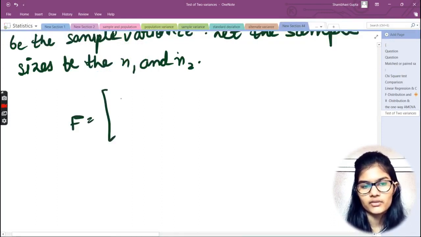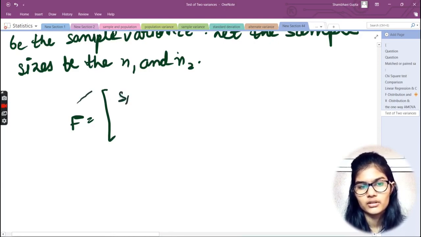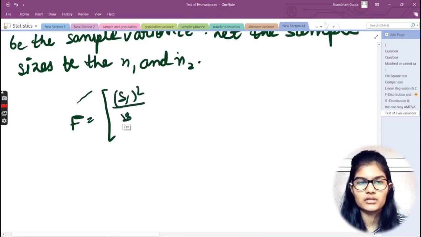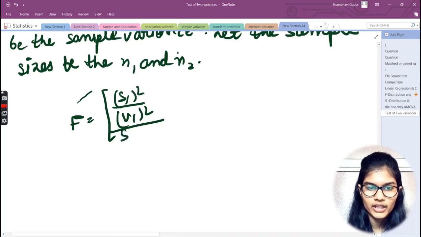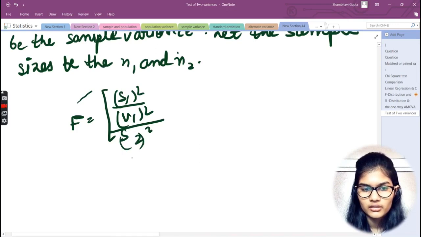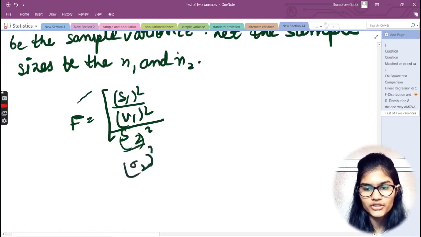So F is equal to, I have this one particular block, and on that block we have S1 square upon, S1 square and here we have V1 square upon S2 square, and then down the line we have sigma 2 whole square, right? So yes, this is how we put on the relevant formula.